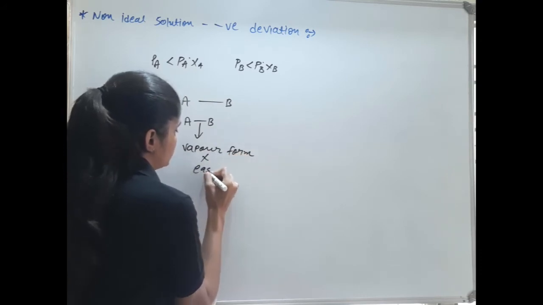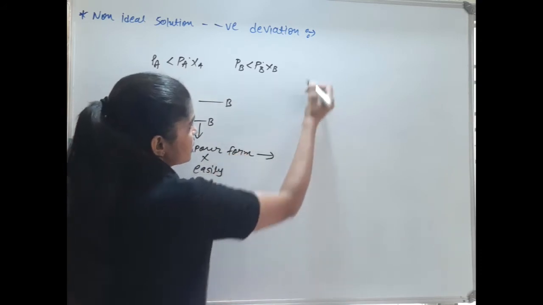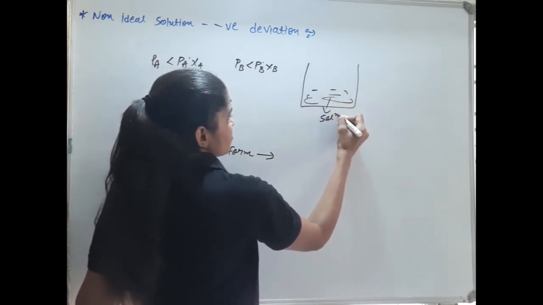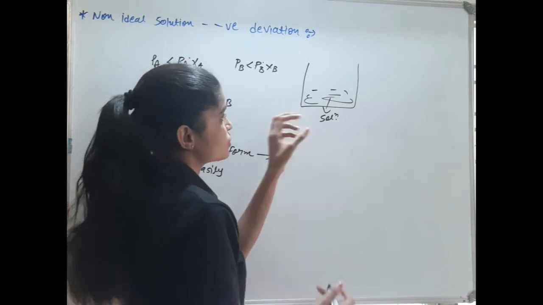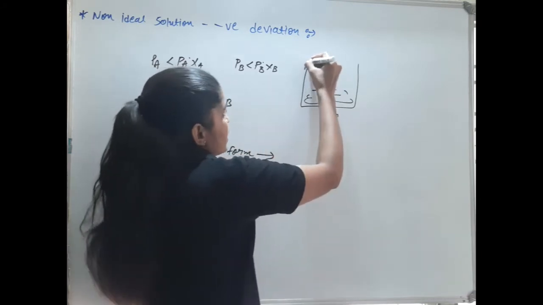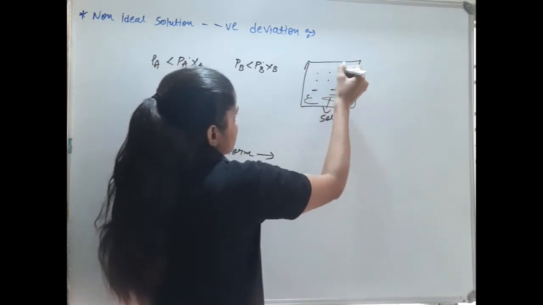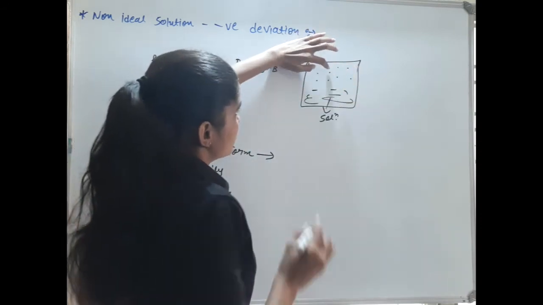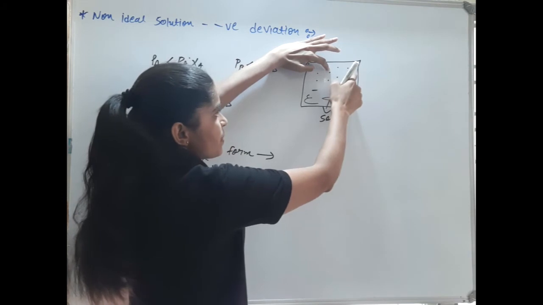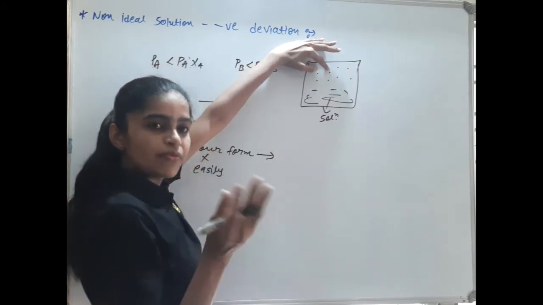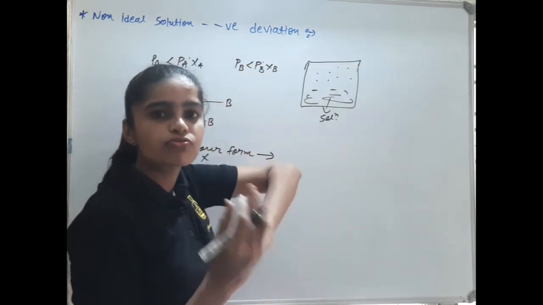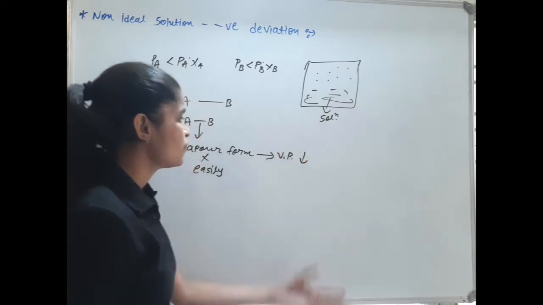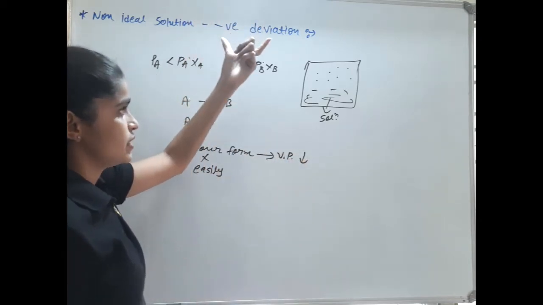Consider this beaker filled with the solution. In this solution, attraction is more, so it is not easily converted into vapor. That means the vapor collected in this place is less. Where vapor is less, the produced vapor pressure is also less. So that way it shows the negative deviation.